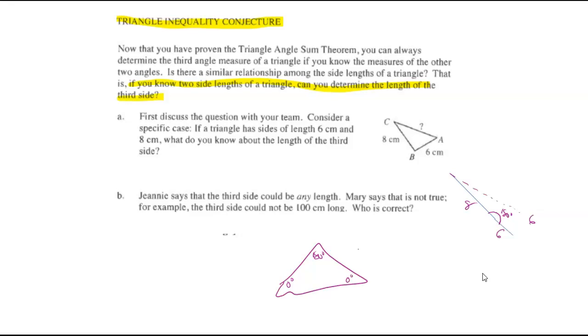Does that make sense? And hopefully you're shaking your head. No, that doesn't make sense. So I can't quite make these two sides go all the way into one line. So I know that this side, CA, has to be smaller than 14 centimeters. It can't equal 14 or it's a straight line.